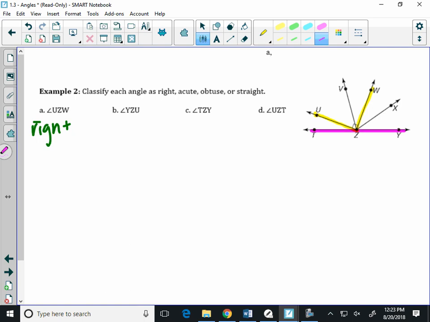When we highlighted it, what are we kind of highlighting? What does it look like? No, it's a straight angle. How do you know it's a straight angle? Good. Whenever your angle looks like a line, it's a straight angle. Think straight line, straight angle.